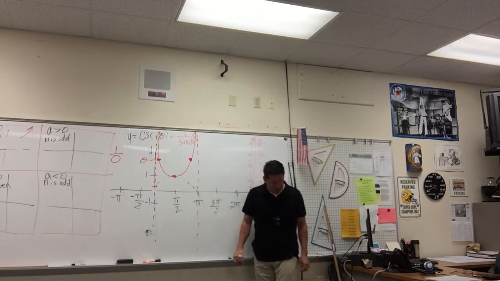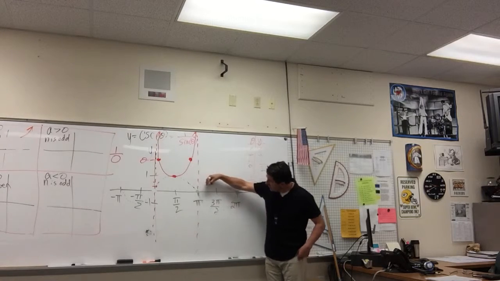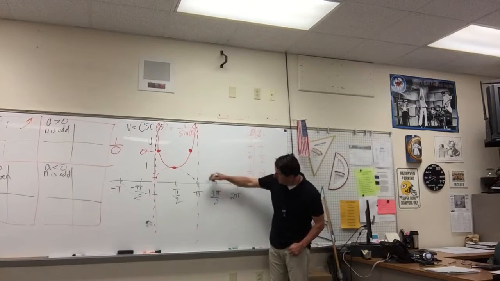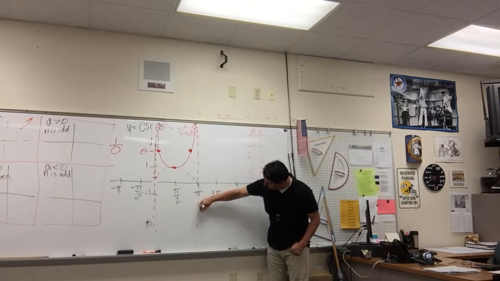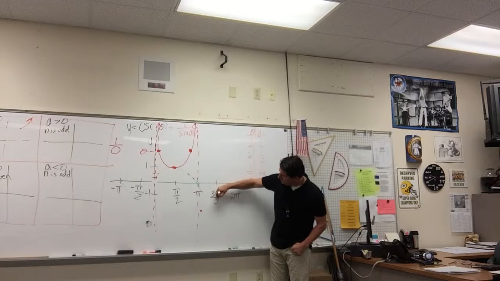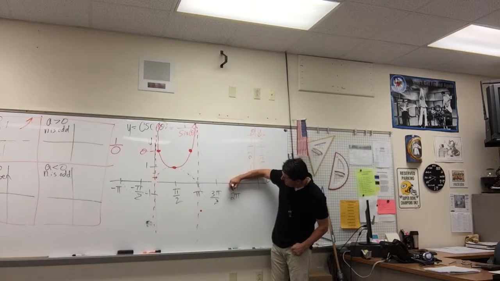Okay, let's test this over here. I'm at negative a half here, so a reciprocal of negative a half is negative 2, which would be here. Reciprocal of negative 1, negative 1. I'm at negative a half here.